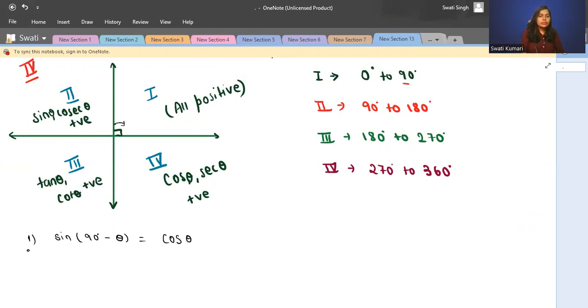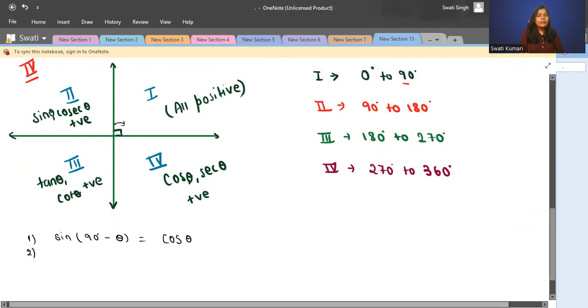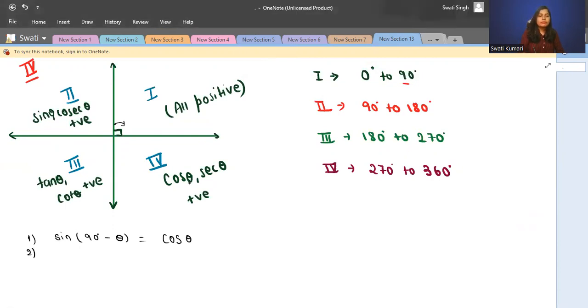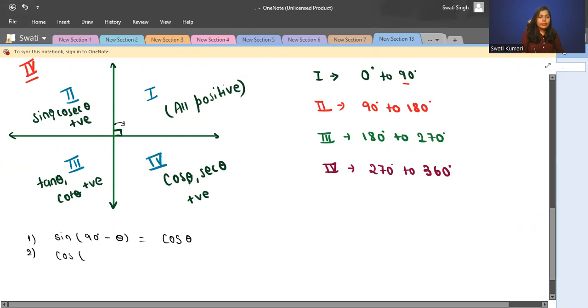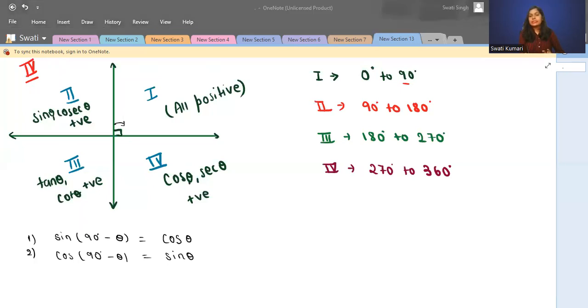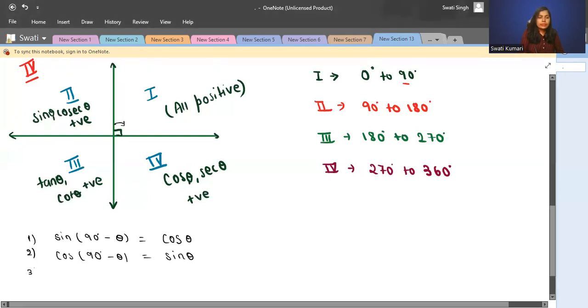Now let us talk about the second one. What will be cos of 90 minus theta? Cos of 90 minus theta will become sine theta. Now let us talk on the next, which is tan of 90 minus theta.